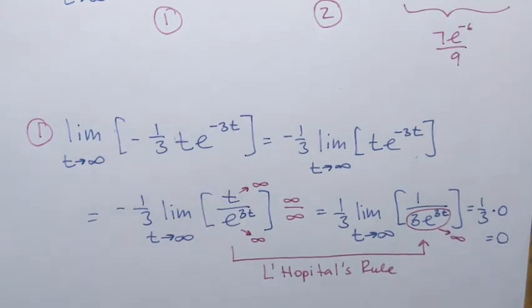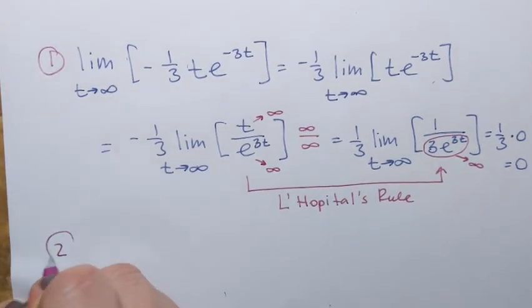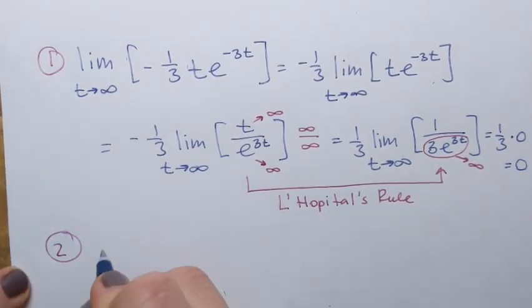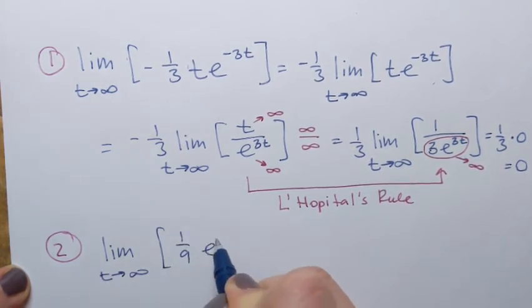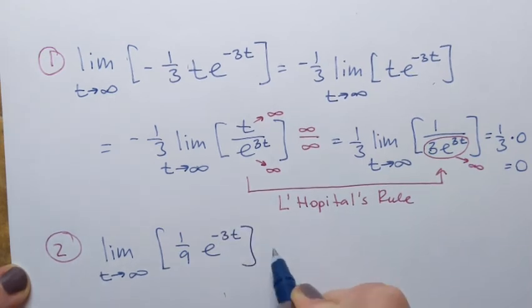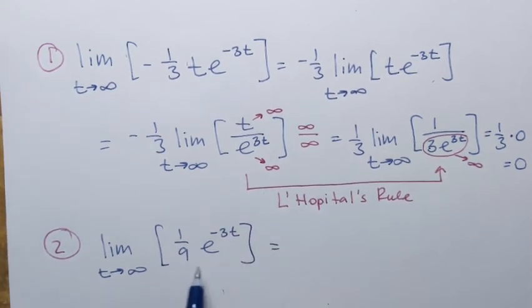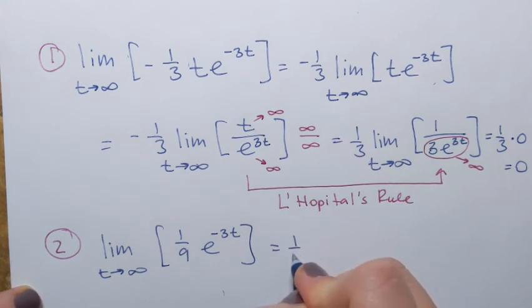How about the second piece? Second part. There we had the limit as t goes to infinity of 1 over 9 e to the power -3t. Same thing, the constant by which the function is multiplied can be placed in the front.